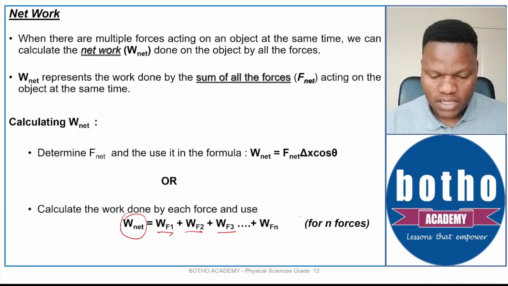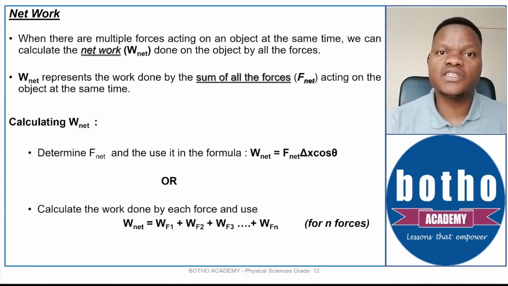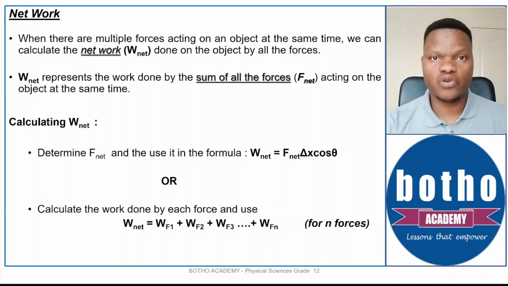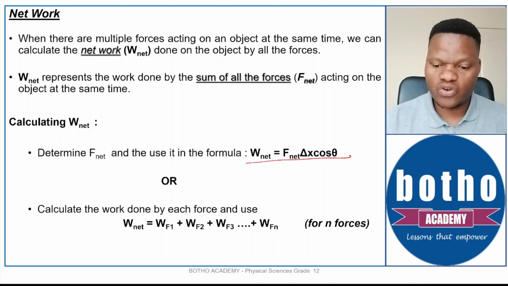Both methods of calculation are perfectly acceptable, and you should learn both of them, because there are questions in some instances where you need to be able to calculate W net or F net or anything in this particular formula using this method.